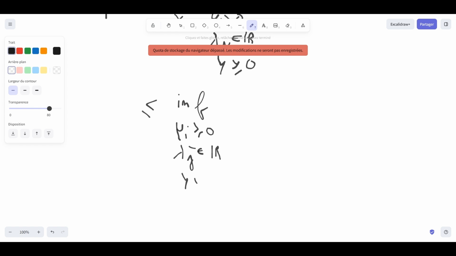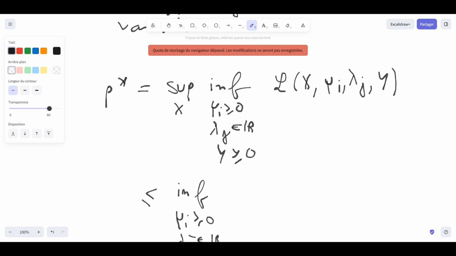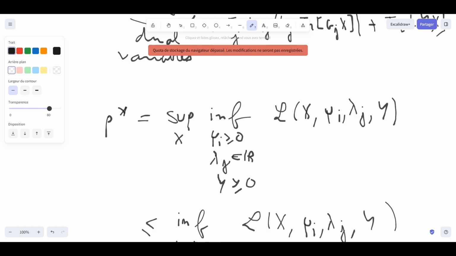But I just want to be sure you understand what you're doing. So the sup of the inf, you know, that's the biggest of the infs.